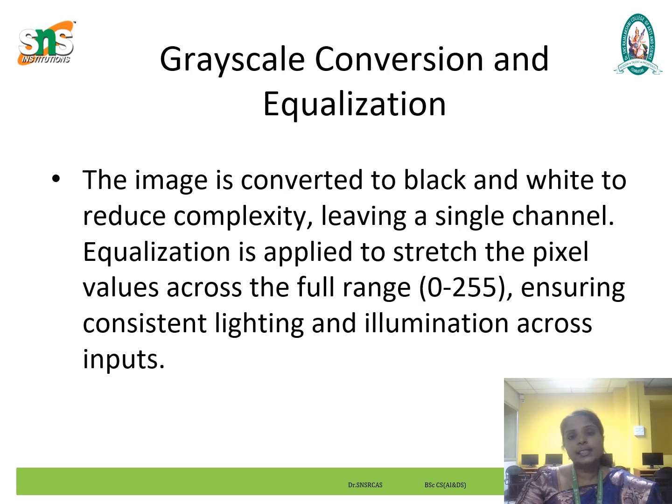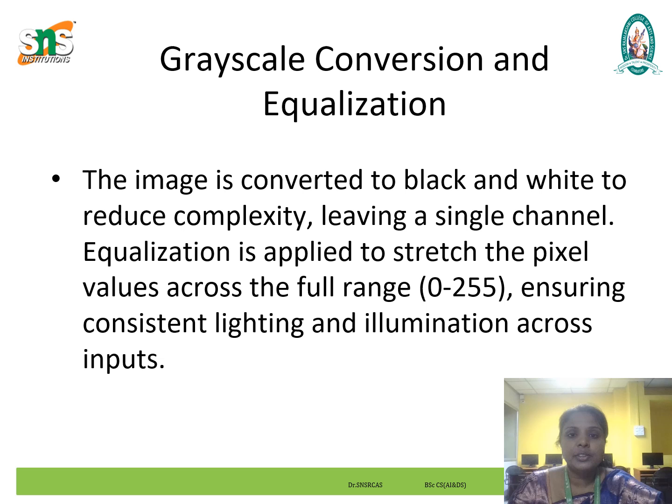Next one is grayscale conversion and equalization. This is one of the important components. Grayscale conversion and equalization are key pre-processing steps that simplify image data and enhance its quality for neural network processing.